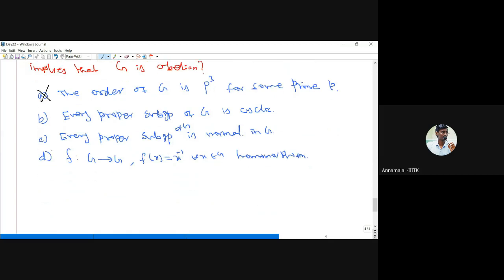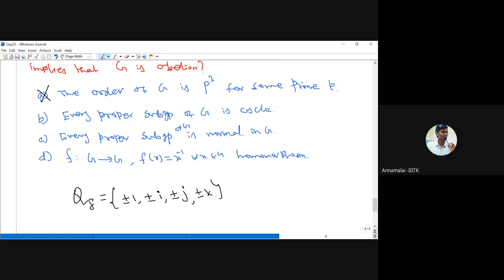Okay, I will come to that. Anyway, we take the same example. So what is the example I am taking? Quaternion group. So you take Q8. So Q8 is nothing but plus or minus 1, plus or minus i, plus or minus j, plus or minus k.